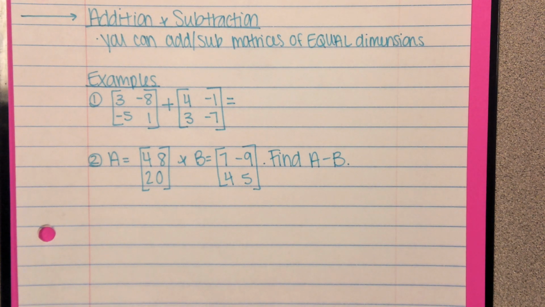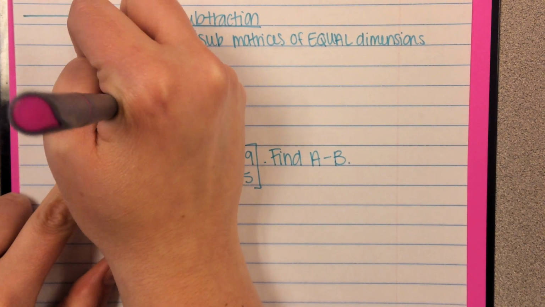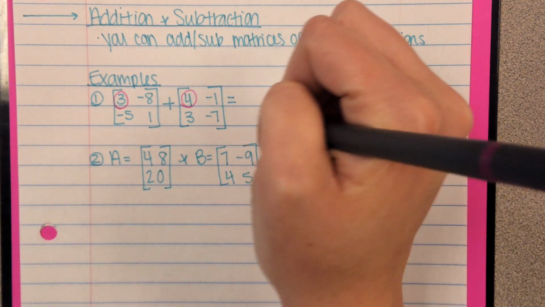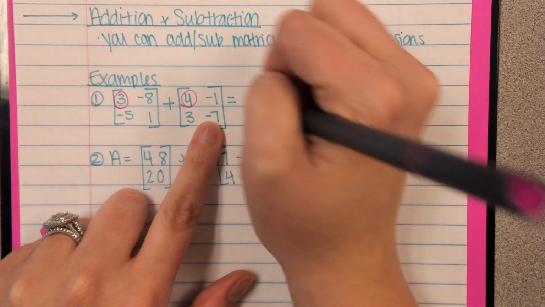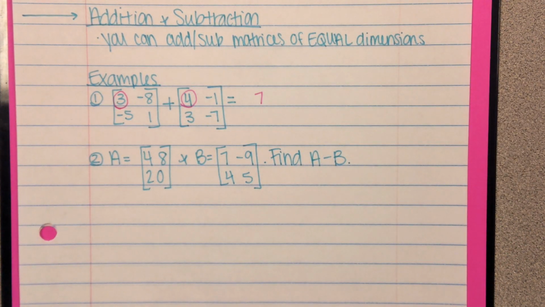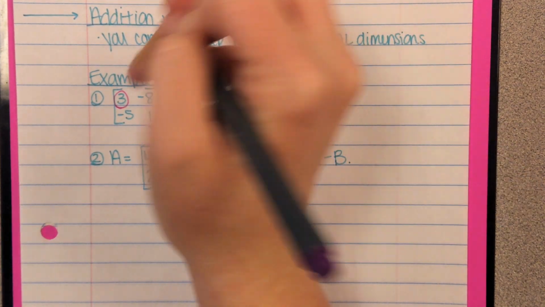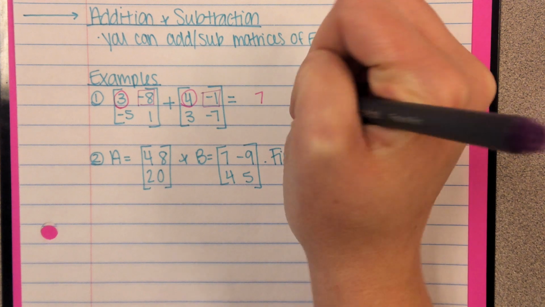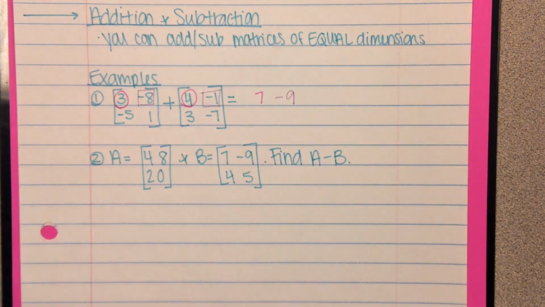So I have 3 and 4. Those are in corresponding locations. So 3 plus 4 is 7. Okay. Then you can go however you want to. I like to go across. So -8 plus -1 is -9.